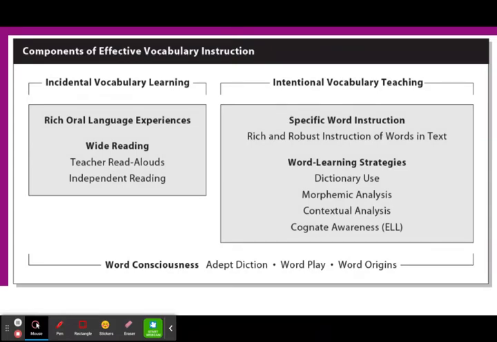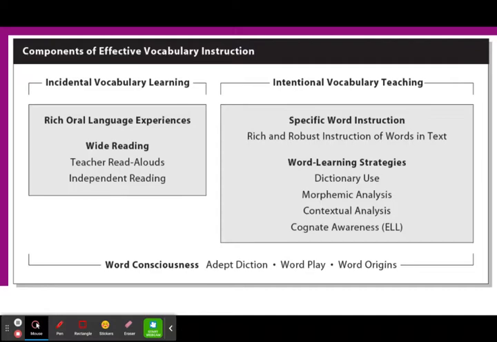So components of effective vocabulary instruction, just like you read in your text, there's the rich oral language experiences, thinking about teacher read-alouds, independent reading, and then there's that specific explicit instruction of words, teaching the words in context, and then learning word strategies.